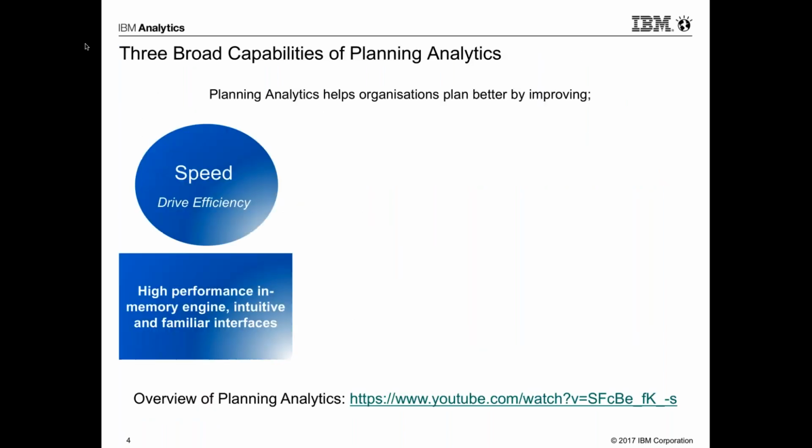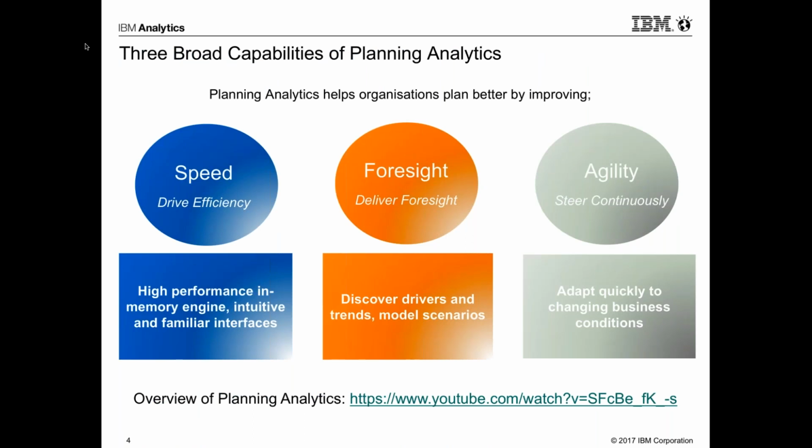So the solution that we'll look at today is called IBM Planning Analytics. Now, this slide summarizes very well, I guess, the key themes of what it's providing: speed, agility, and foresight. Talking about speed, it has an in-memory engine, which I'll talk about, that supports extremely large, multi-dimensional planning data sets.